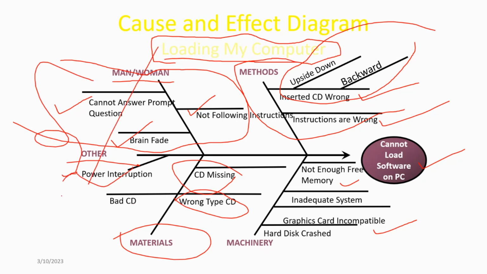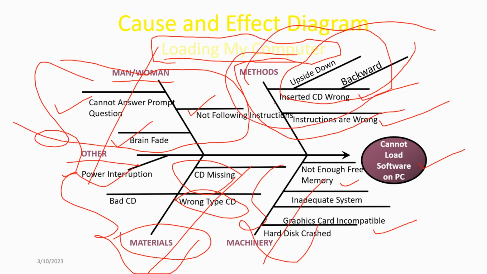If you say all of this material related thing is not a problem, we can eliminate this. If you say the machine is not a problem, we can eliminate this. And then if you see that the CD is a problem, the method is a problem, then that is where you will start concentrating, right? So if you concentrate on that, you will immediately be able to solve this problem.